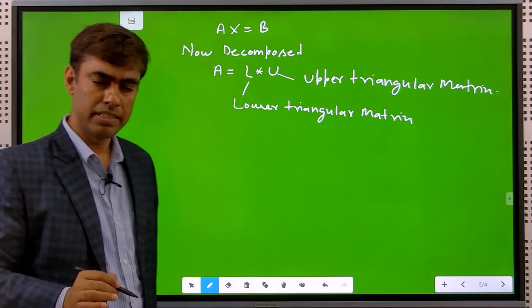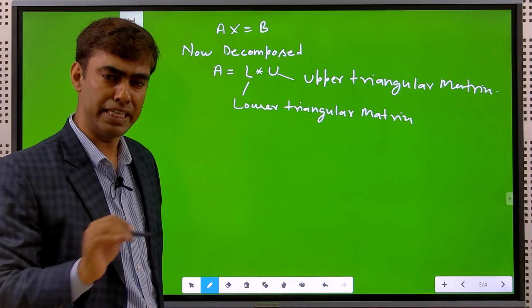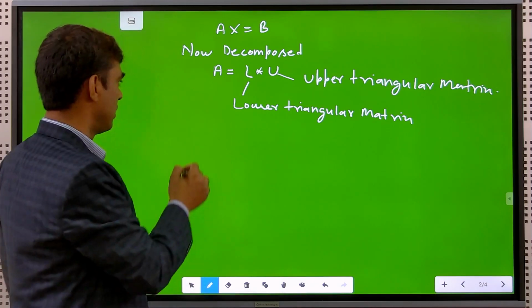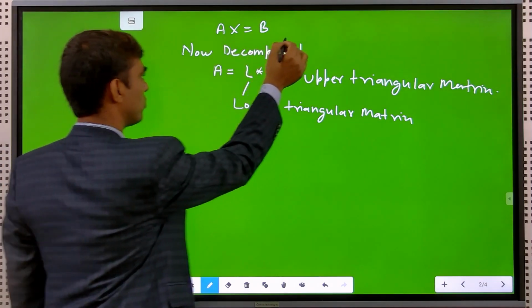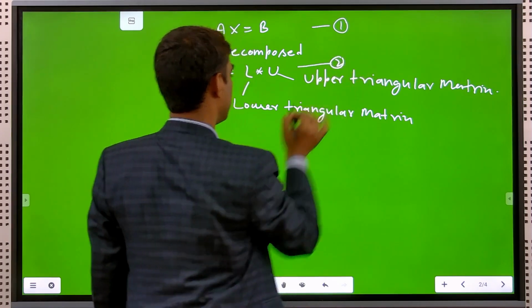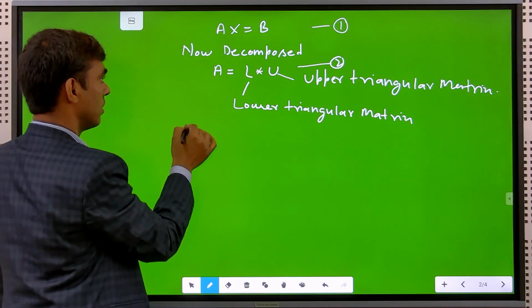Once we factorize the coefficient matrix A into lower and upper triangular matrices, suppose this system is equation 1 and A equals LU is equation 2.